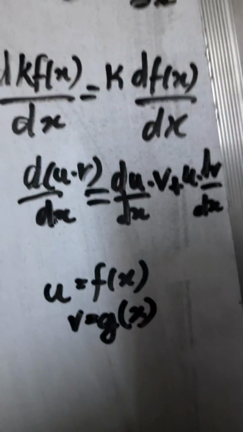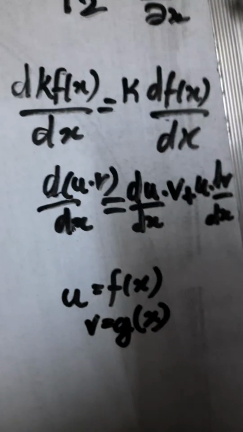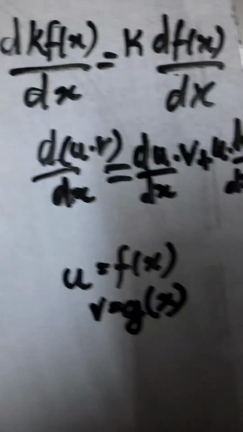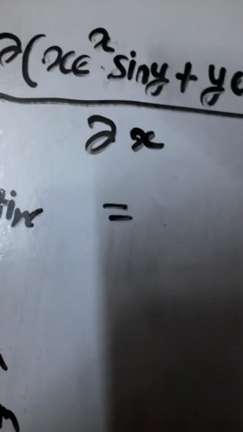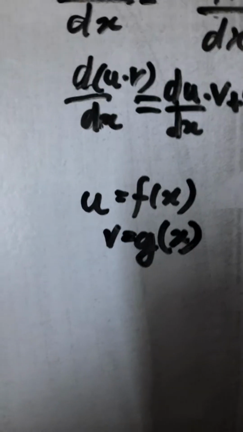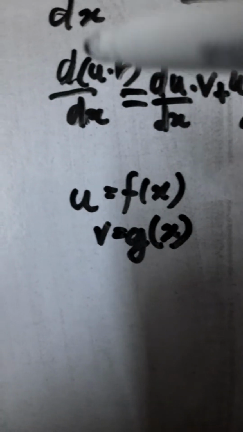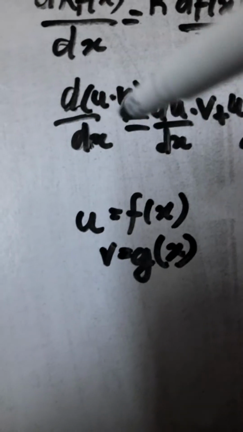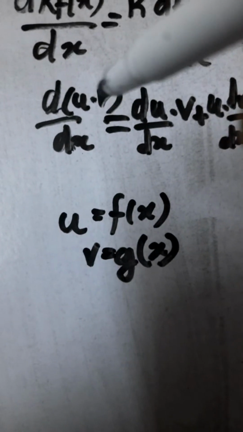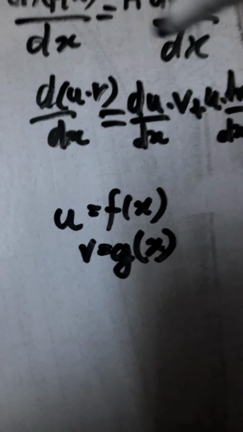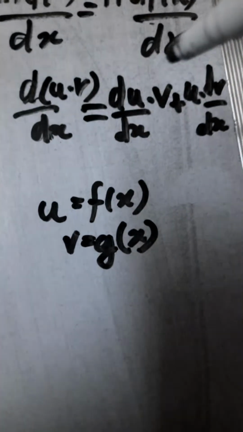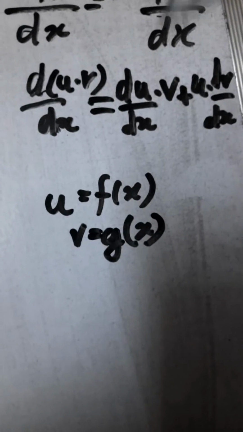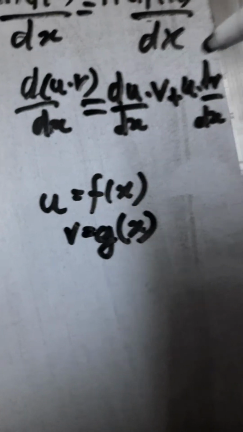Take it out and multiply it to the derivative result later. There are two variable functions multiplied of the x term. If two functions are multiplied, then the derivative is the derivative of one into the other function plus the derivative of the other function into the first.